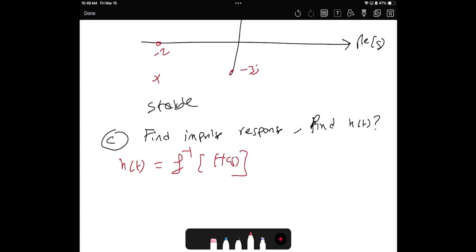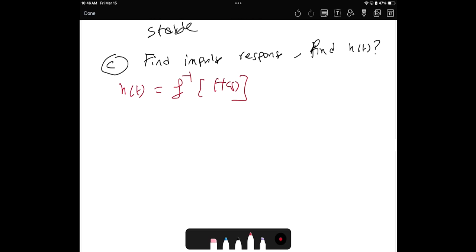Is this correct? The impulse response, h of t. So how to find h of t? h of t equals the Laplace inverse of s plus 2 divided by s squared plus 4s plus 13. Now, how can we solve it? We can solve it by doing the partial fraction expansion.